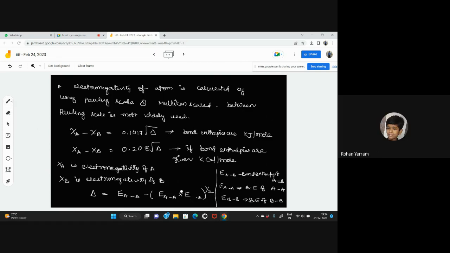What is bond enthalpy, sir? Bond enthalpy we have discussed: the amount of energy required to break one bond. It is in kilocalories per mole.